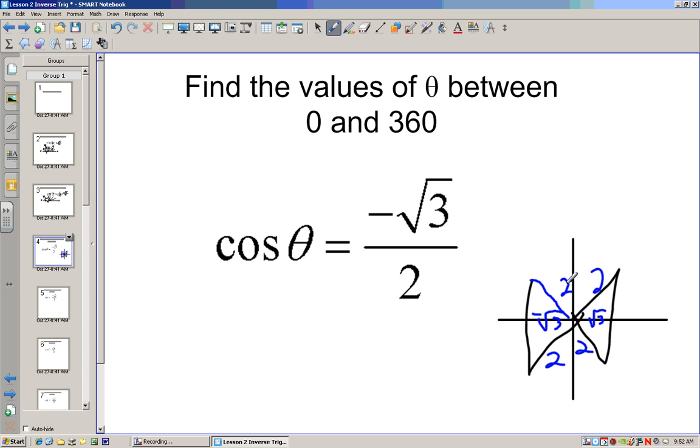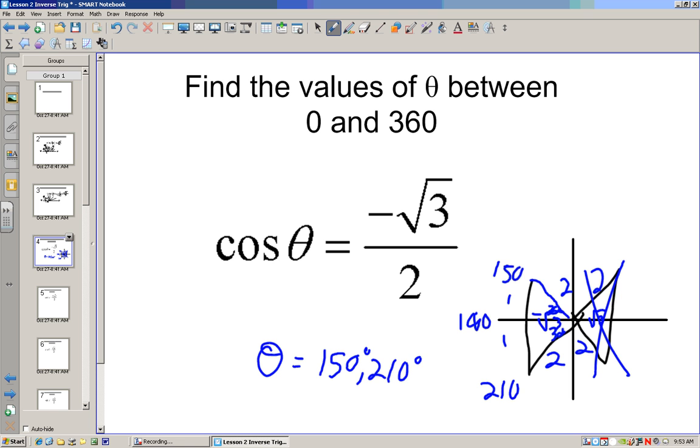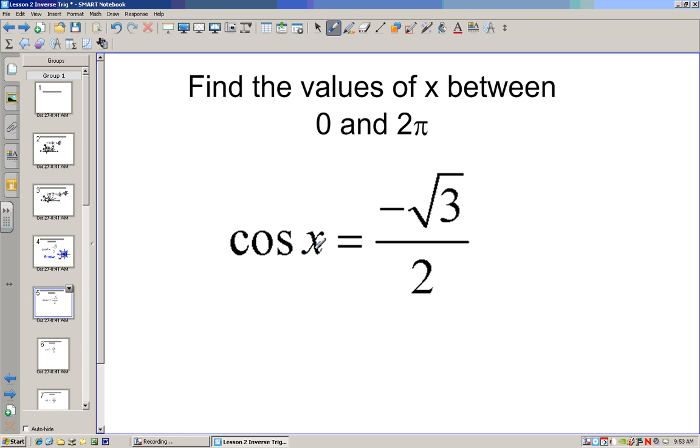So negative root 3 over 2 has to be in these two quadrants because cosine would be positive root 3 over 2 in quadrants 1 and 4. Now, this is a 30, 60, 90 triangle where the reference angle is 30. So if this is 180 degrees, 30 degrees less than that is going to be 150. 30 degrees greater than that will be 210. So the two different values I can get for theta are 150 and 210, and that's in degrees. Now if I was asked that in x rather than in theta, that means I'm looking for the radians. So that would be 5 pi over 6 and 7 pi over 6.